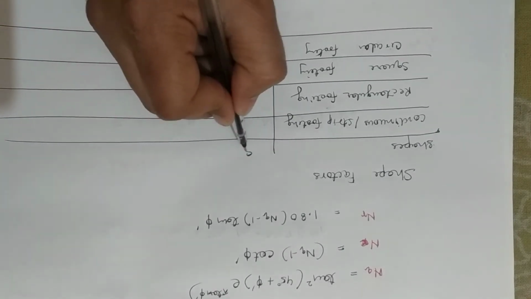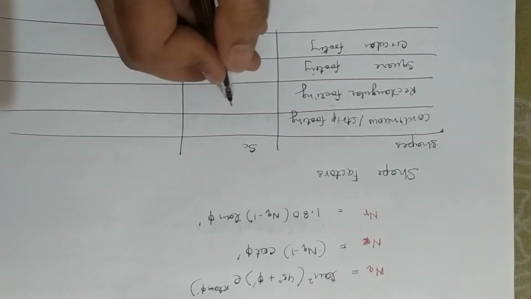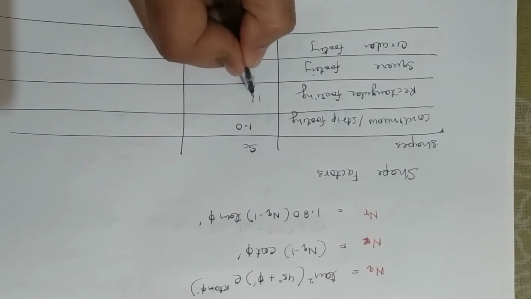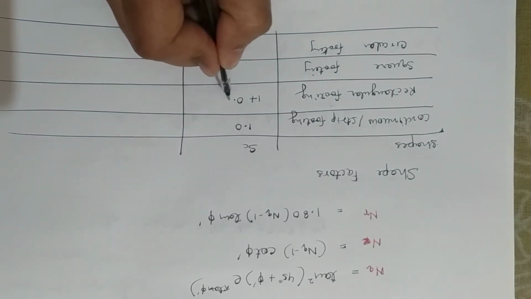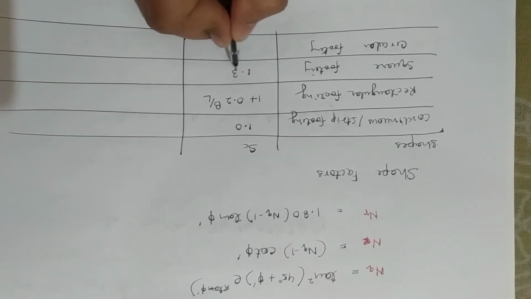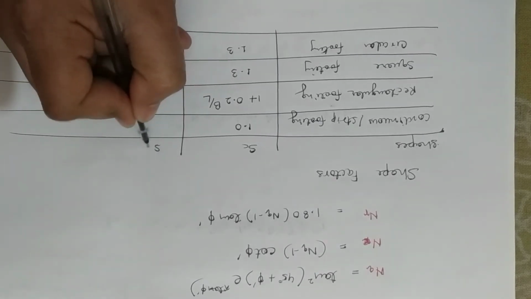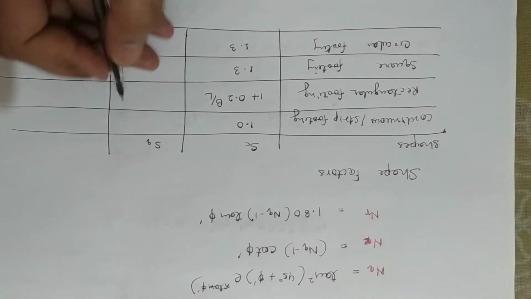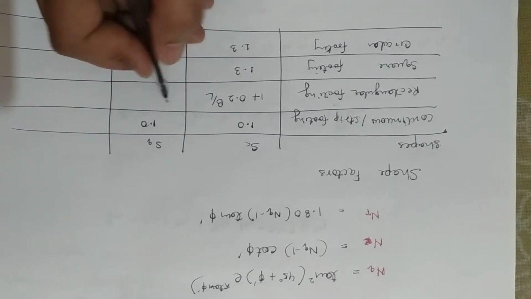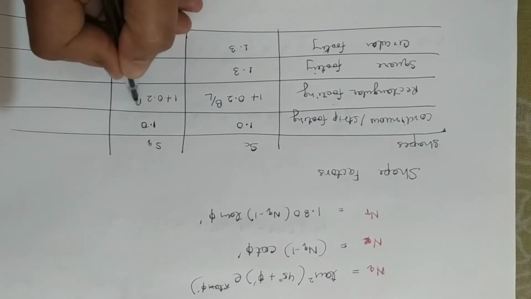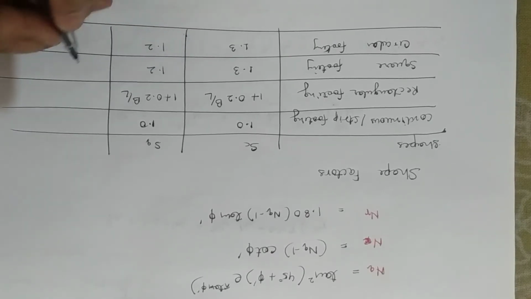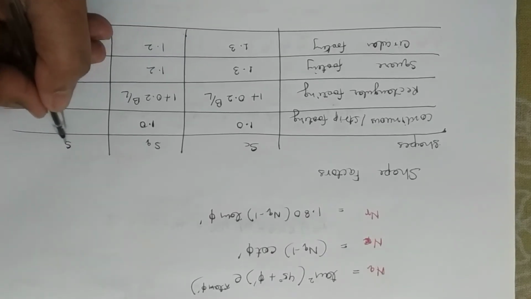First, SC for continuous or strip footing is 1.0. For rectangular footing it is 1 plus 0.2 B upon L. For circular and square footing it is the same. SQ is 1.0 for strip footing, 1 plus 0.2 B by L for rectangular, and 1.2 for both square and circular.